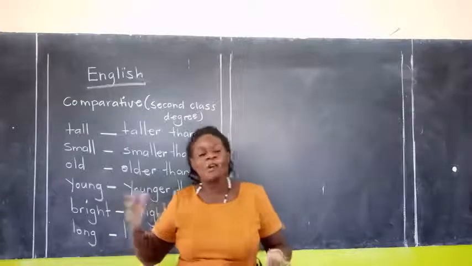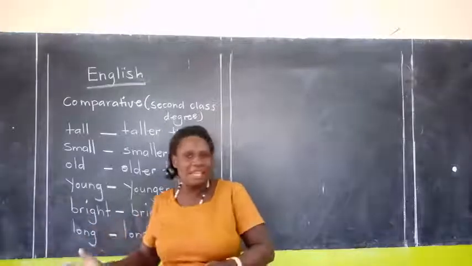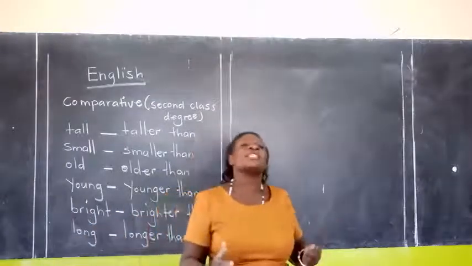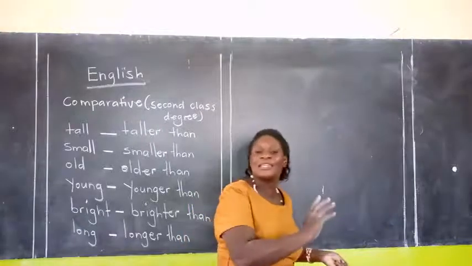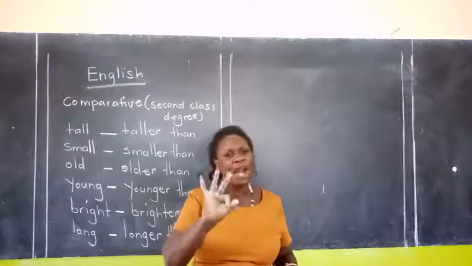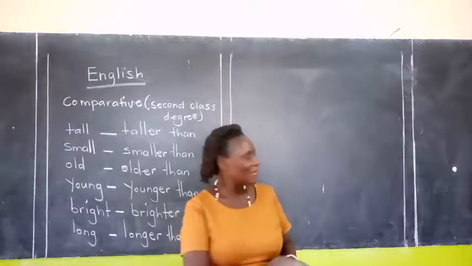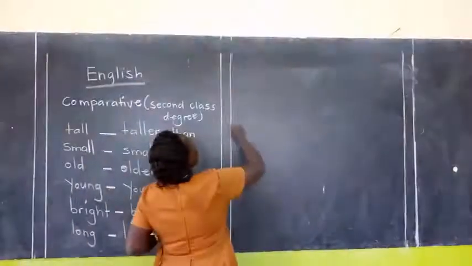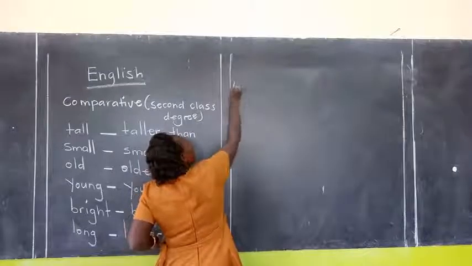This one, when it is in comparative form, how is it written? How does it change? This one, when it is in the third class degree, how does it change? And how is it written? Let us have the three classes, whereby we say that our first class is the adjective.